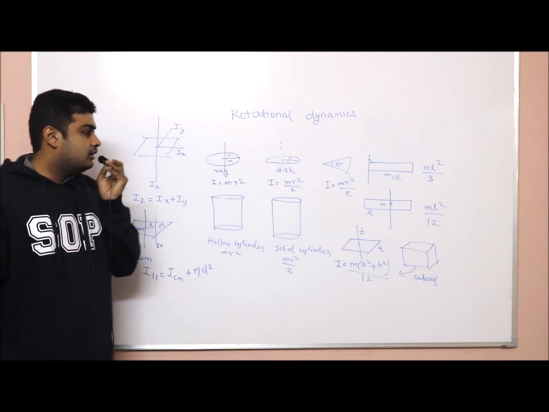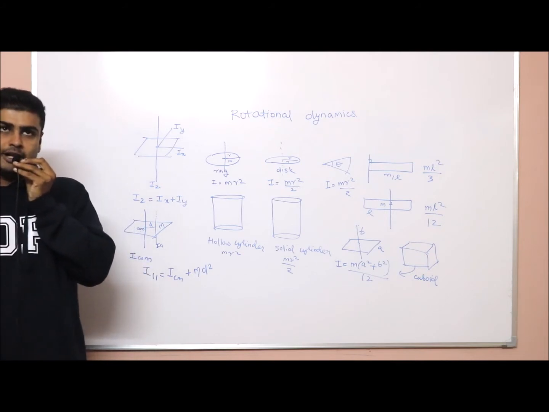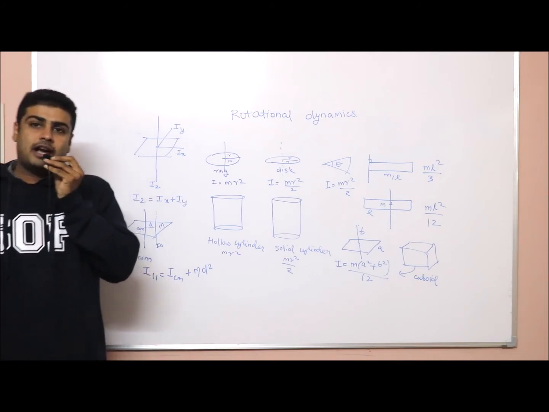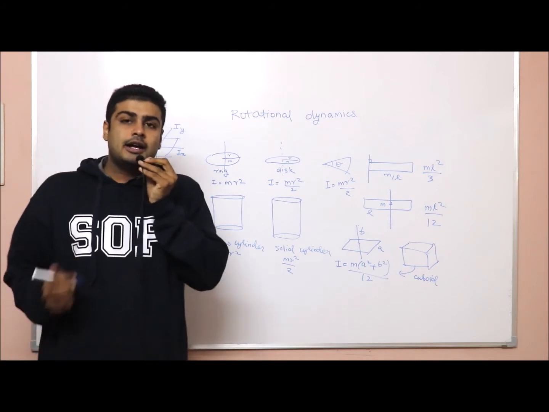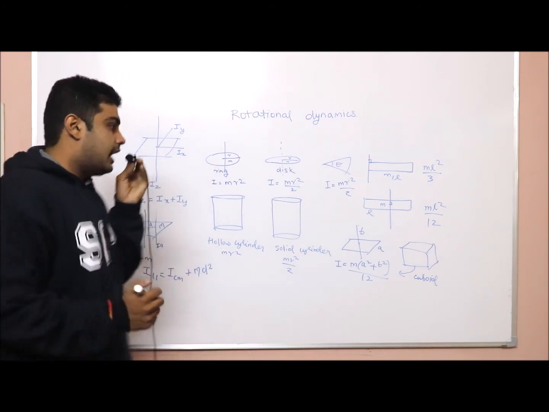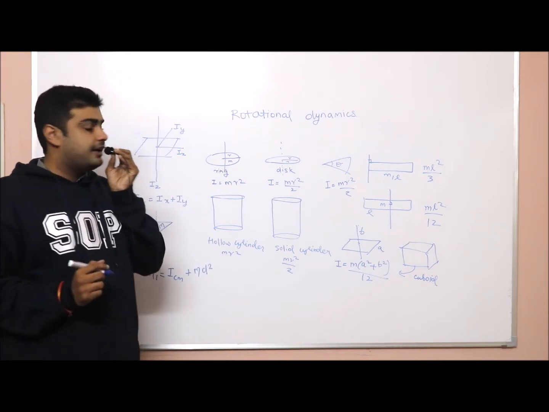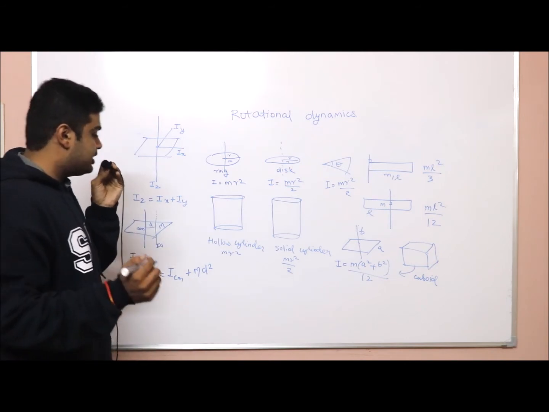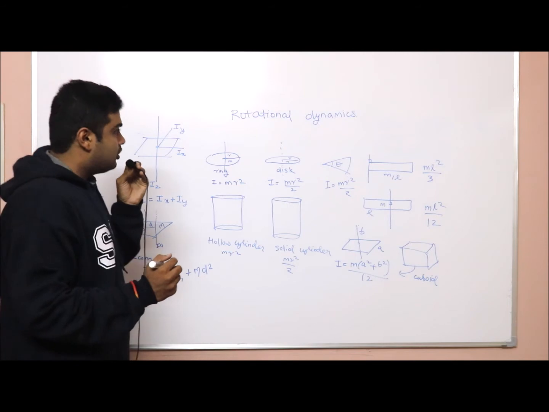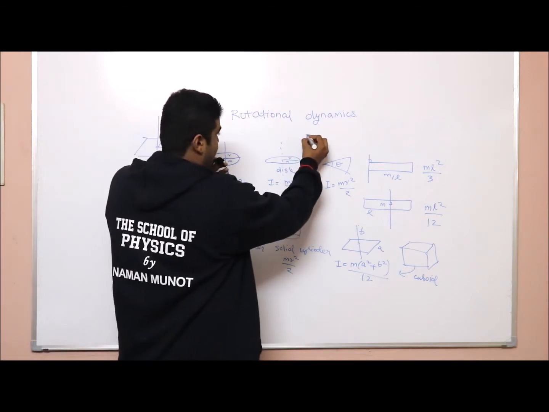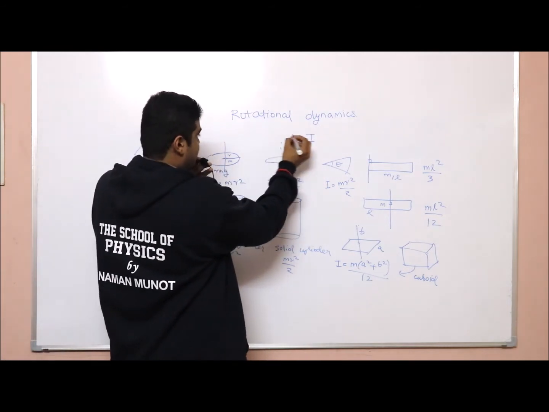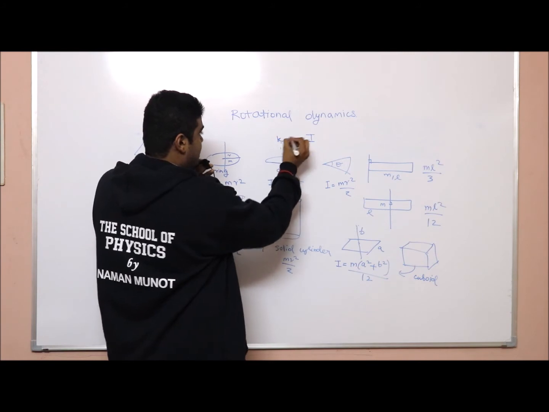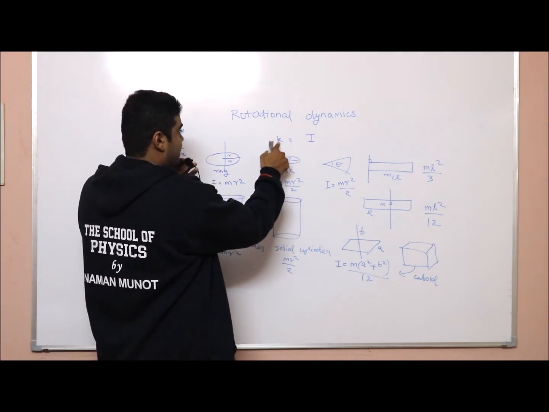There's one more thing I can tell you about moment of inertia. It's called radius of gyration. What happens is a very simple thing. As the name suggests, radius of gyration is denoted by k.